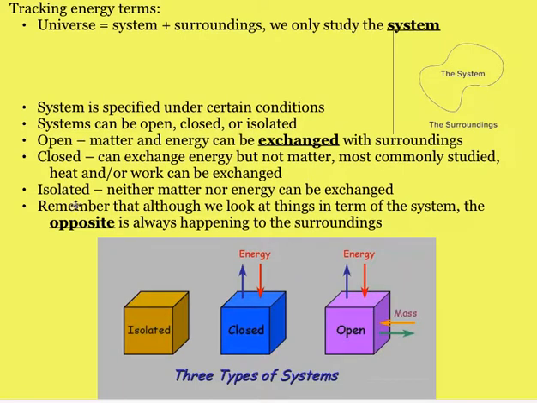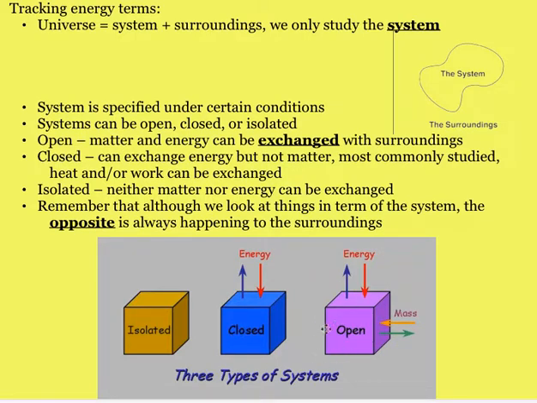An isolated system would be like a thermos if it was closed, because realistically there shouldn't be a lot of energy exchange. In a perfect thermos there would be none, and if it's closed there's no matter getting in or out. And then a big thing you have to realize is that whatever's happening to the one thing, the opposite is happening to the surroundings. So if the system gains, the surroundings loses.